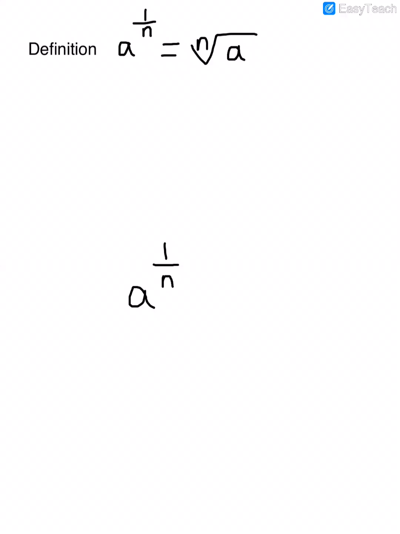So that just means that if we have an exponent that is a fraction, the bottom number is the root, the index of our radical. The top number is our power.